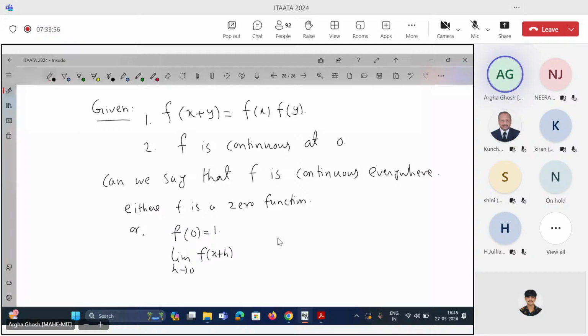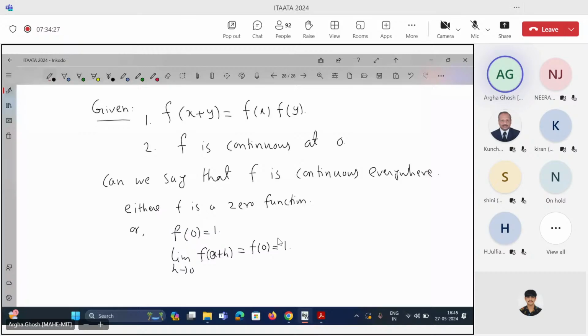First of all, it is continuous at the point 0. So f of 0 plus h will be f of 0, which is 1. It's given that f is continuous at the point 0. Therefore, limit h tends to 0 of f of 0 plus h will be f of 0, and f of 0 is 1.